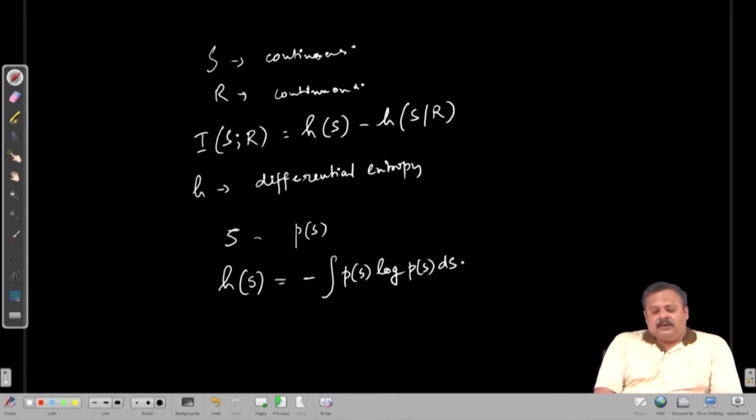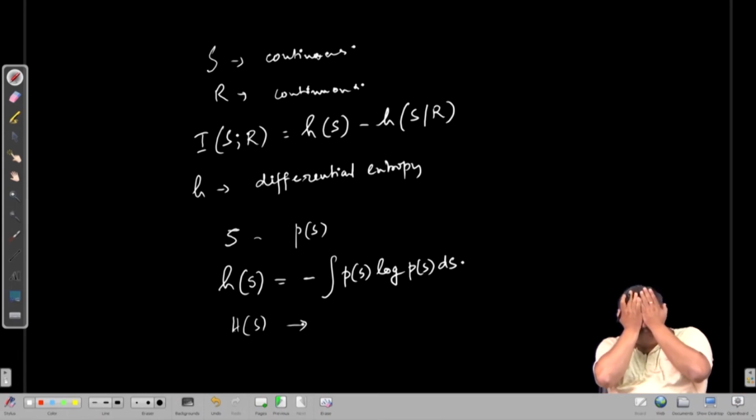This differential entropy is not physically the same as entropy, the amount of uncertainty associated with a random variable, because the entropy of a continuous random variable goes off to infinity.